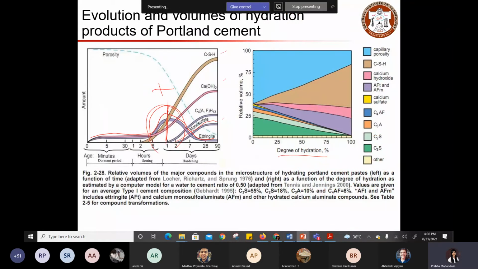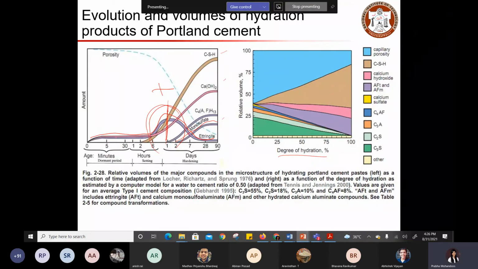This is a diagram that indicates the evolution and volume of hydration products of Portland cement. Typically, your ettringite formation starts from the second day of your hydration, and it becomes stable after 7 days.